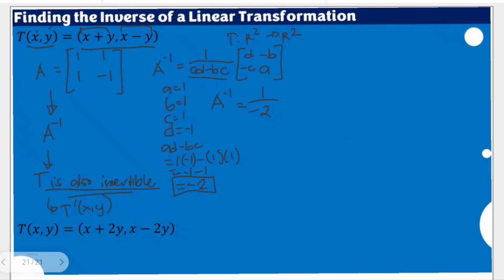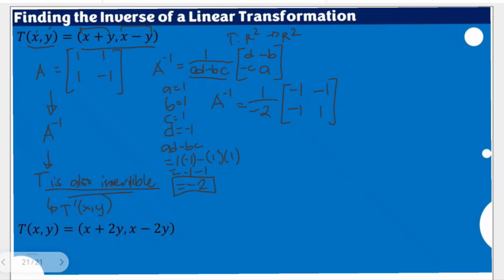Then you have here D, so negative 1. Your A is 1. Negative of B is negative 1. C is negative 1, so we have negative C, which is negative 1 as well.